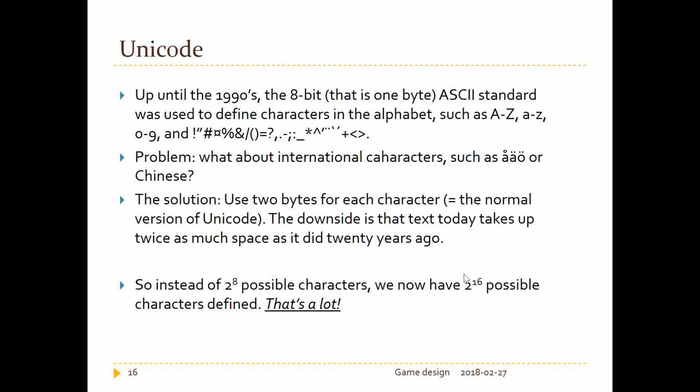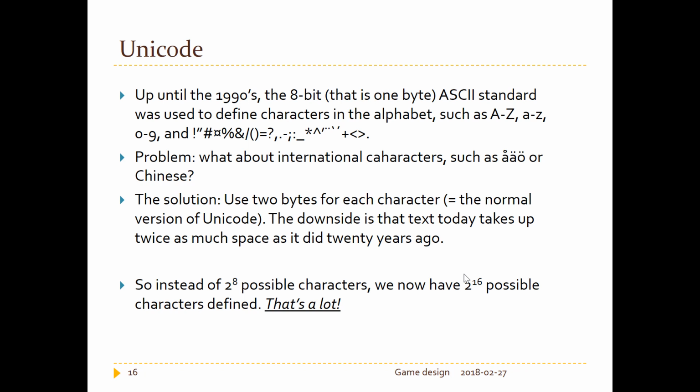How about Unicode? Well, up to the 1990s, the 8-bit ASCII standard was used to define characters in the alphabet, such as A through Z in capital and lowercase letters, and 0 to 9 and some other characters. So what about international characters, like Ö, Å, Ä or Chinese letters?